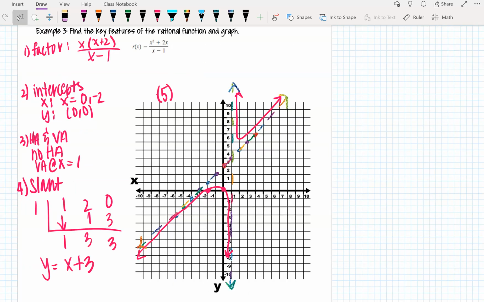All right, so for example 3, this is what you should have. It factors to x times x plus 2 all over x minus 1. You should have x-intercepts of 0 and -2, and a y-intercept of (0, 0). You have no HA, which means you have a slant, and you have a vertical asymptote of x equals 1. For the slant, your line is y equals x plus 3.